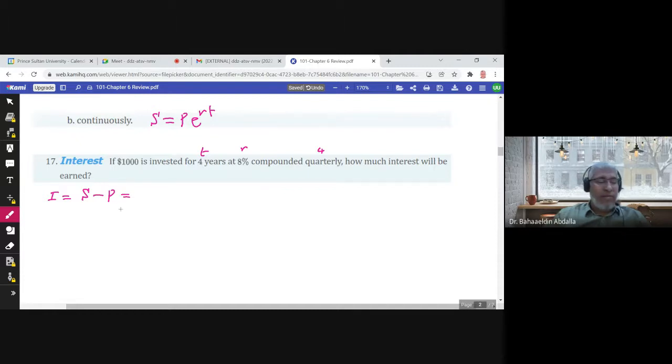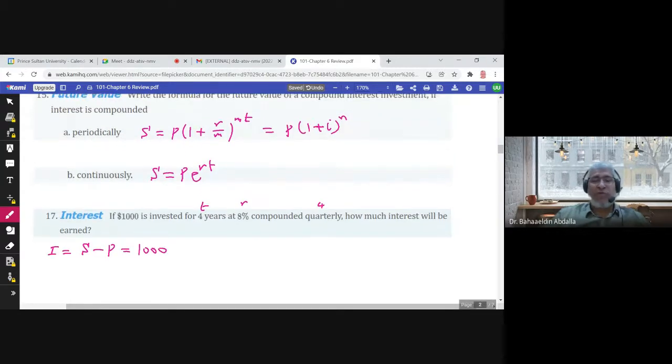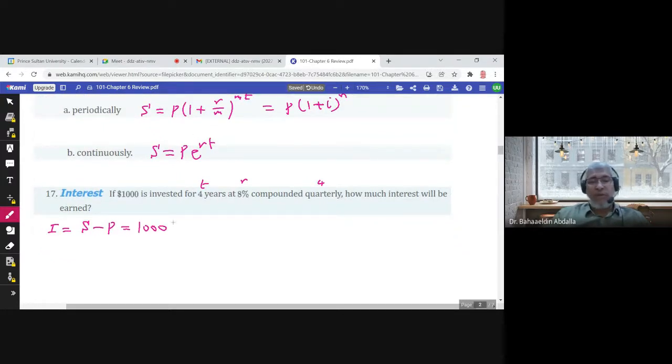And the future value, using the formula, 1000, that's the principal, times 1 plus R over M, 0.08 over 4, to the power M times T, 4 times 4, 16, minus the 1000, which is the principal.